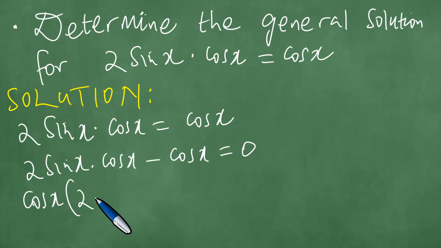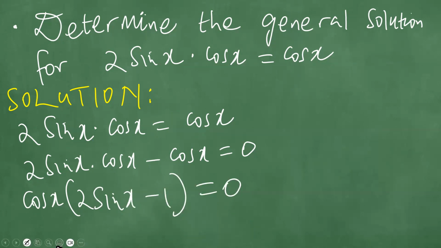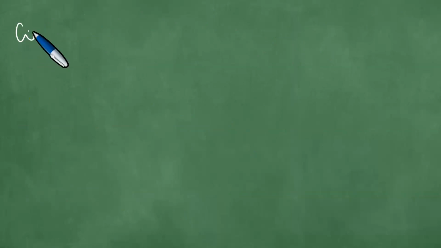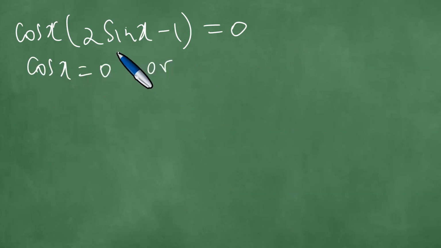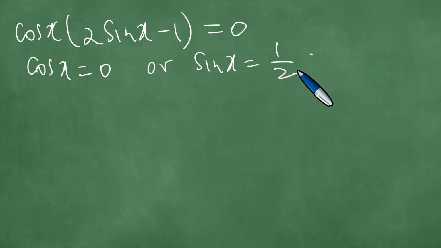So taking cosine x as a common factor, we have cosine x times 2 sin x minus 1 equals 0. Which means cosine x equals 0, or sine x equals 1/2.